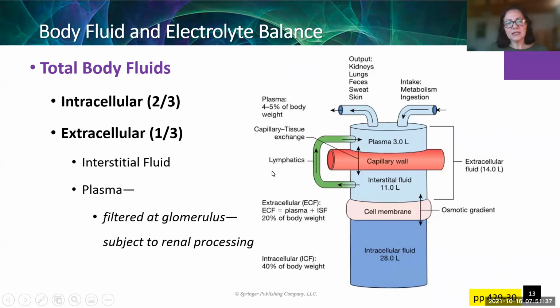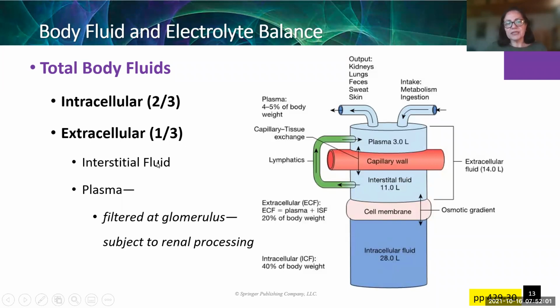Then the rest is extracellular fluid, some of it just right outside the cells. We call that interstitial fluid. It's in the tissues, but it's not inside the cells. It's kind of between the cells, but it's not in the bloodstream either.